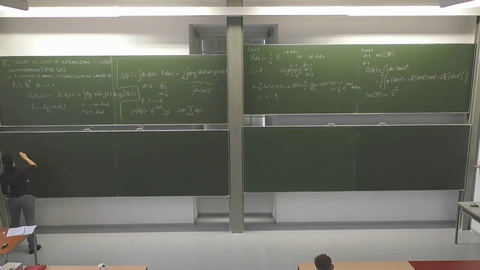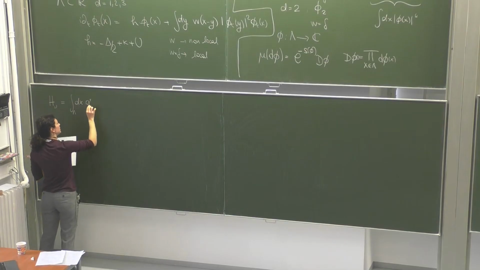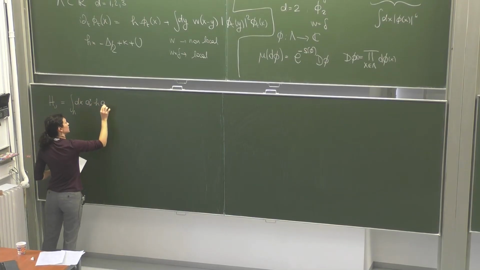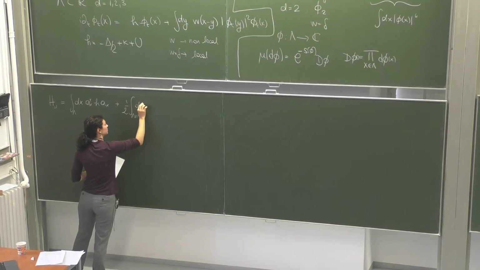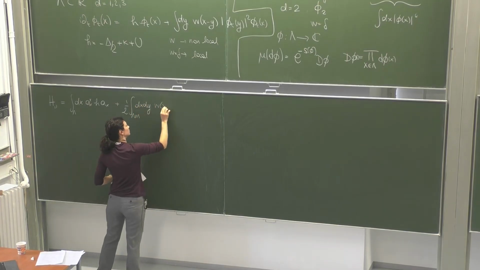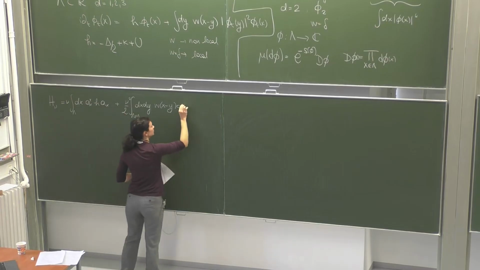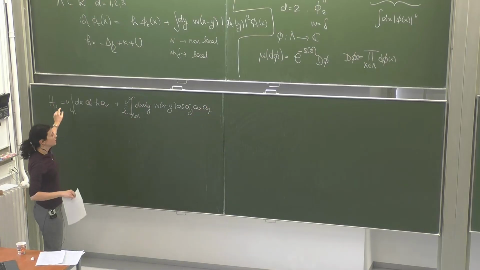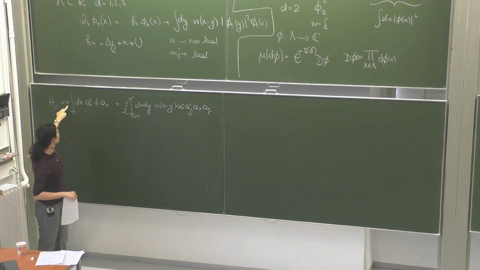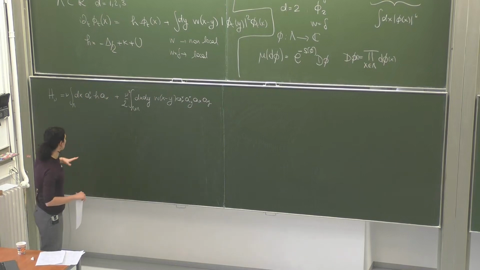Okay, but now let me connect this construction of phi field theories with the Bose gas. So we have our Hamiltonian, which I will write directly in second quantization. Here this Hamiltonian depends on a parameter nu, which is basically the inverse temperature.